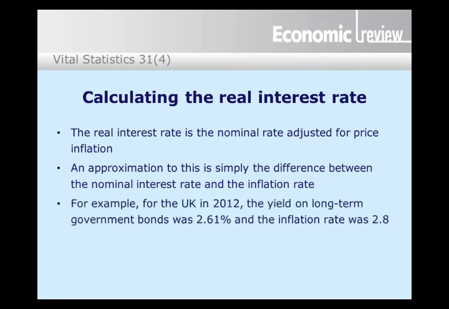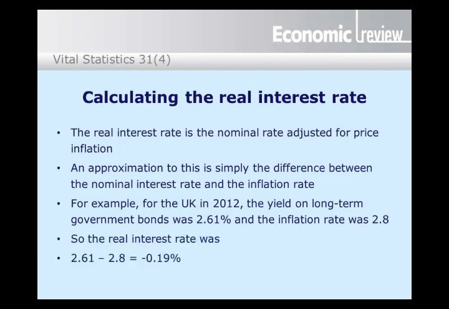So, for example, if you look in the table, for the UK in 2012, the yield on long-term government bonds was 2.61%, and the inflation rate was 2.8%. So the real interest rate was 2.61 minus 2.8, which is minus 0.19%. So calculating this approximation of the real interest rate is straightforward.